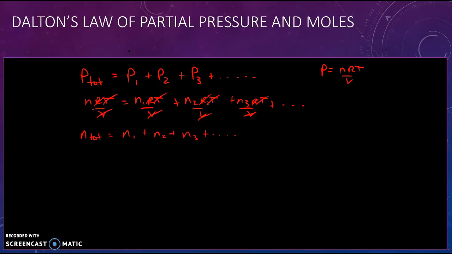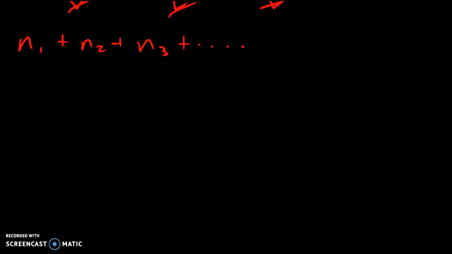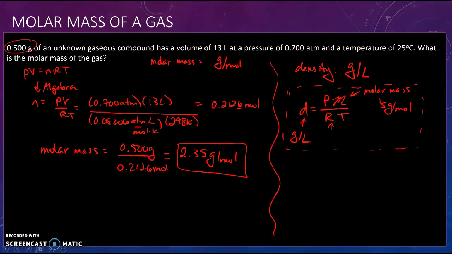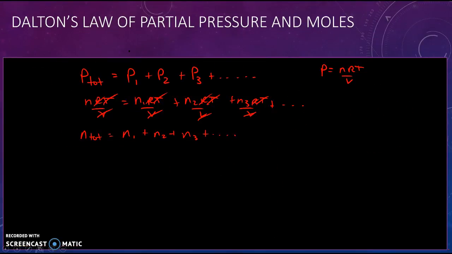So what this means though is we can essentially set these things to each other. What we can say is that the partial pressure of gas A will be equal to something called the mole fraction of gas A times the total pressure.